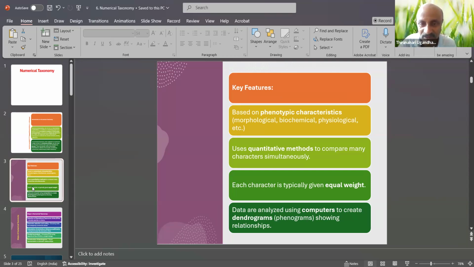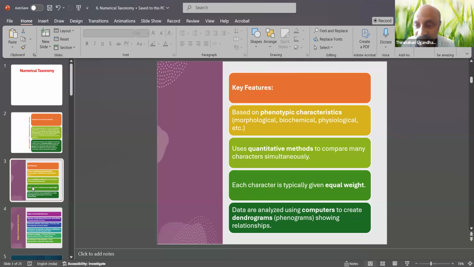It uses quantitative methods to compare many characters, such as the number of sepals, petals, ovules and stamens.